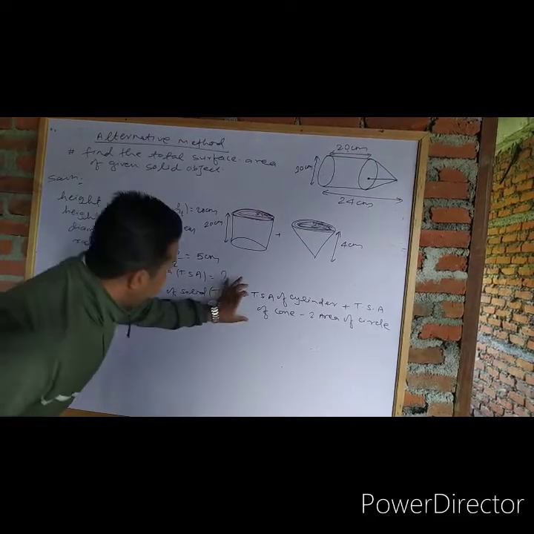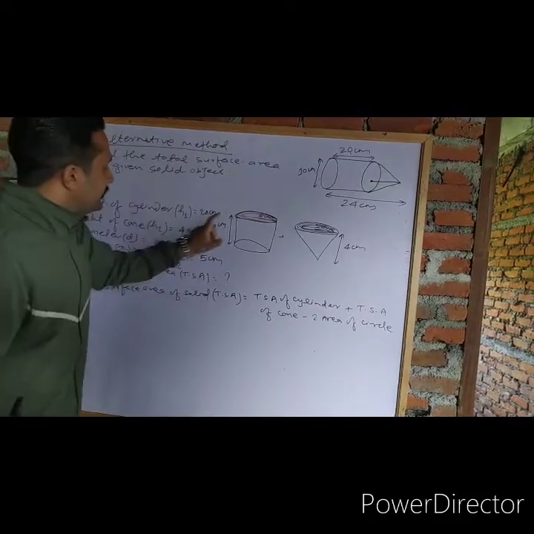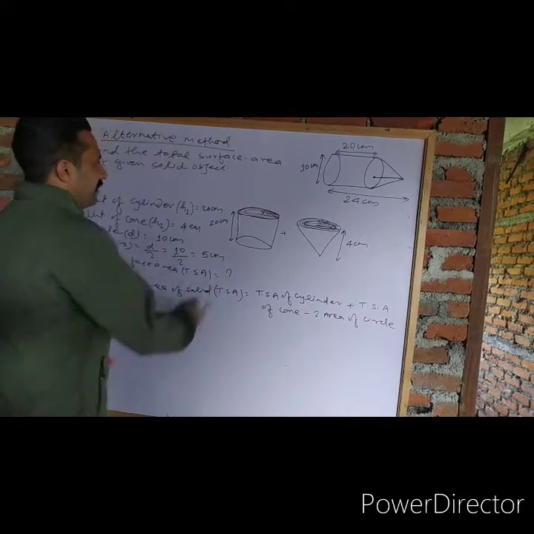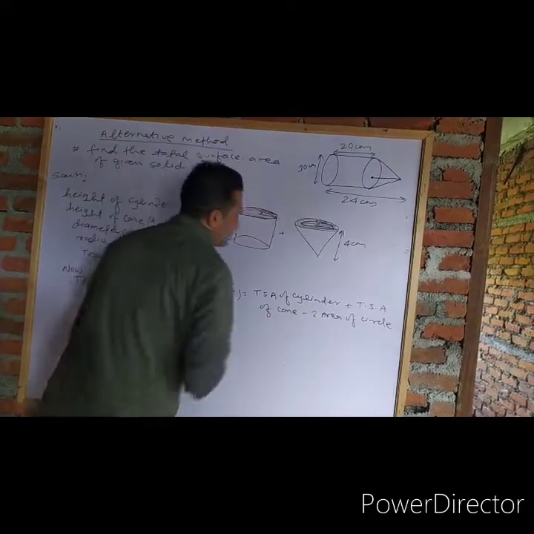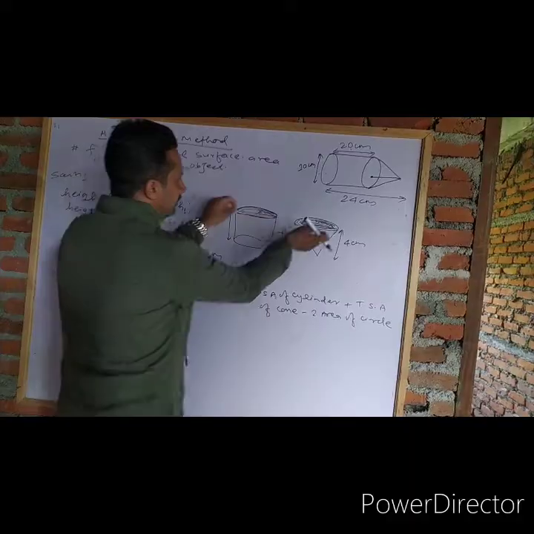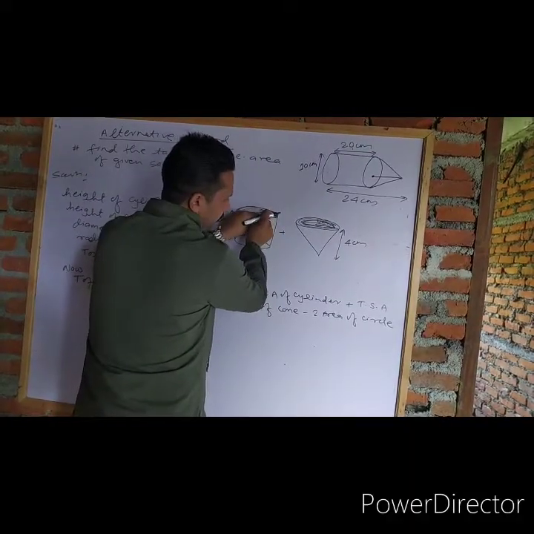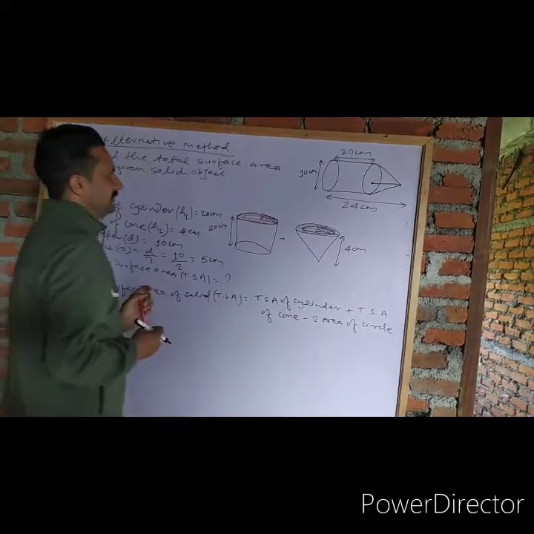Well, we noted this: total surface area of cylinder plus total surface area of cone minus 2 overlapped areas of circle.